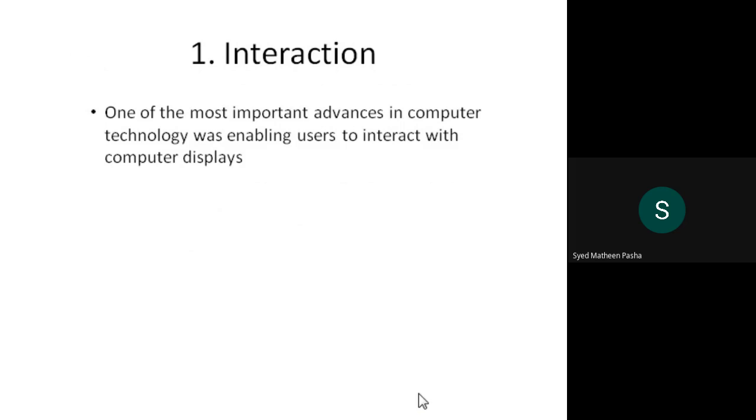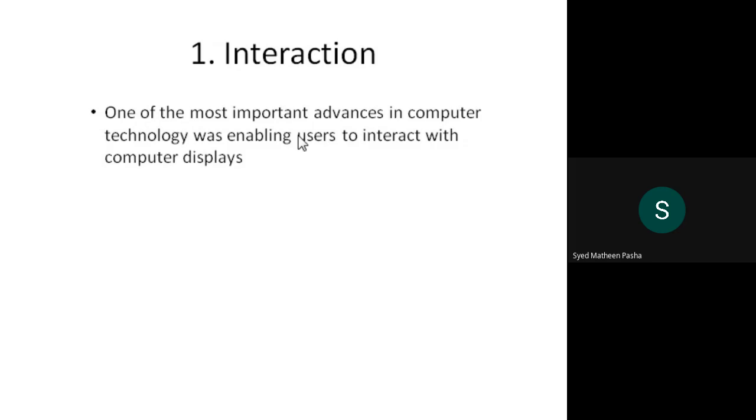Then moving on to interaction. What is interaction? One of the most important advances in computer technology is enabling users to interact with computer devices or computer displays. As I can tell, interaction is one of the best advantages as well as advancements in computer technology, with the help of which you can interact with the system, right?